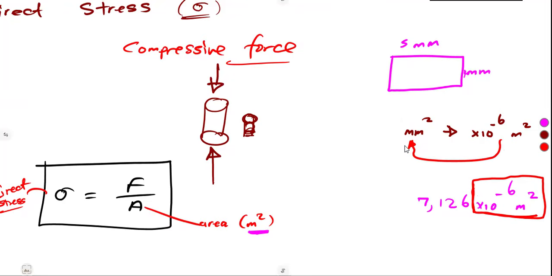Of a square millimeter. So meaning to say, wherever we have this, we can even change this one and write as 7,126 square millimeters, because this whole part here is equivalent to a what? A square millimeter. So you see, guys, some of the things that we must consider as we are doing our calculations. So the rest, guys, it is in your hands.